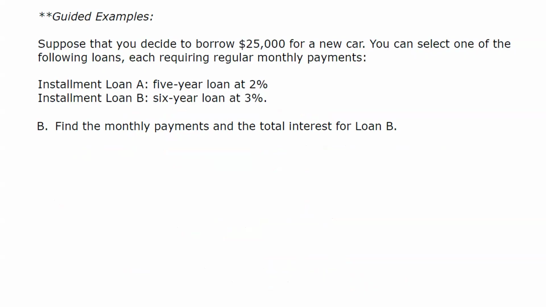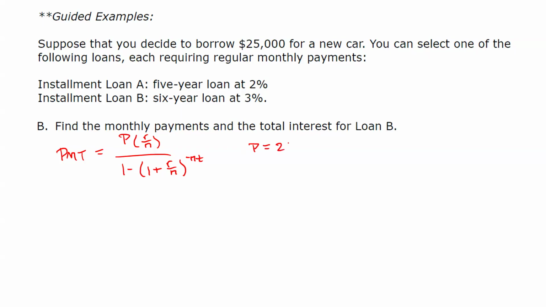So now let's do the same thing for loan B. Our formula for our monthly payments is P times R divided by N, all divided by 1 minus (1 plus R over N) to the negative NT.